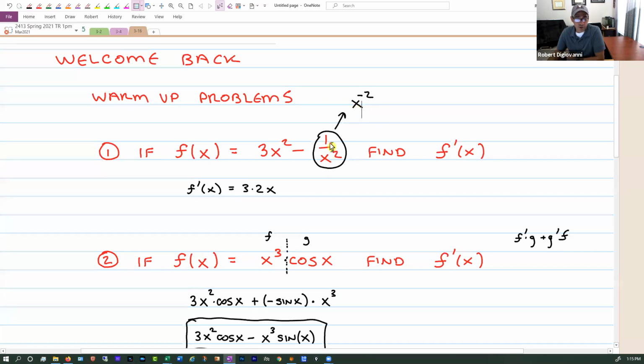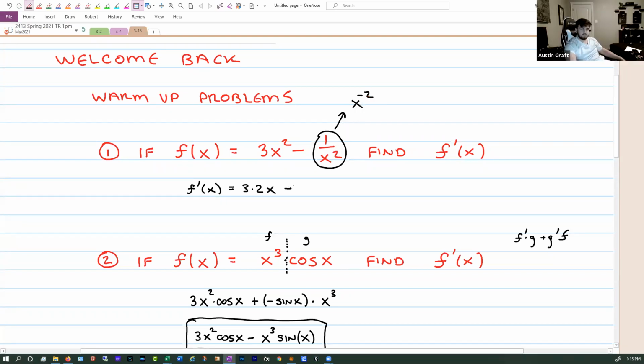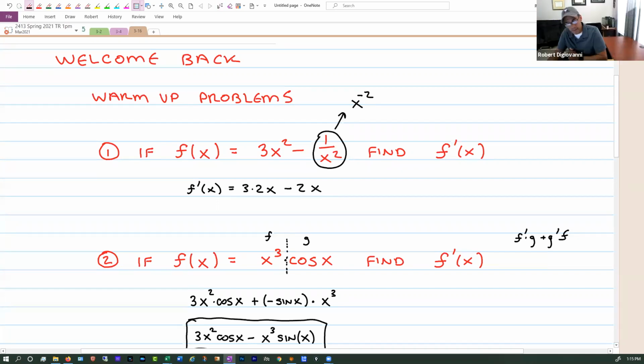And if you rewrite this as x to the -2, then you can just use the power rule, right? Which would mean, Austin, you bring out what in front? The -2. -2, and then it would be x to the what? Be careful there. -3rd. -3, because you have to subtract 1 from -2. Are there any questions on that?